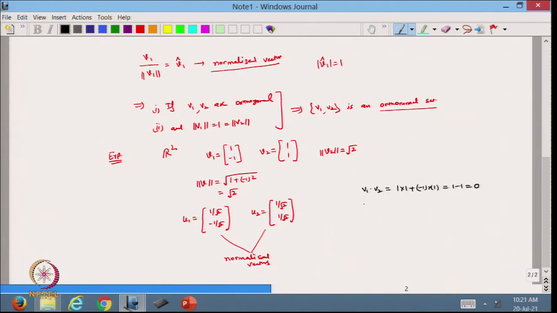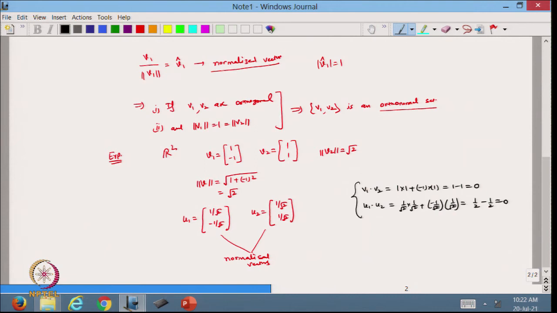Or I can write u1 dot u2. That is 1 by root 2 into 1 by root 2, the first components multiplying, plus minus 1 by root 2 into 1 by root 2, and that is 1 by 2 minus 1 by 2, and that is 0.